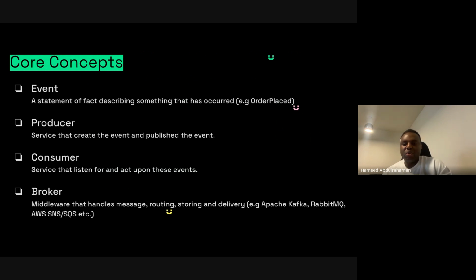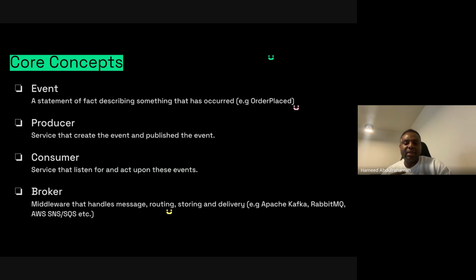This order is communicated as an event: a user wants to place an order. This event could then trigger a notification, like sending an email saying this user is requesting this order. In essence, an event is a fact describing a state of what has occurred.